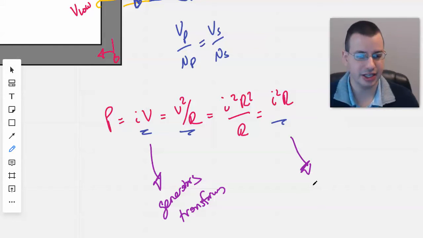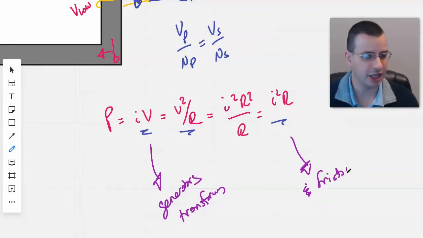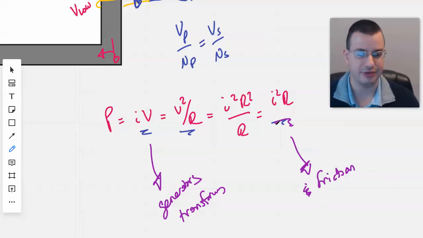And this is, I guess, heat losses or I squared R losses. This is due to basically electrical friction within the power lines. When you have a current flowing through a resistor, this is the kind of loss you're going to have.